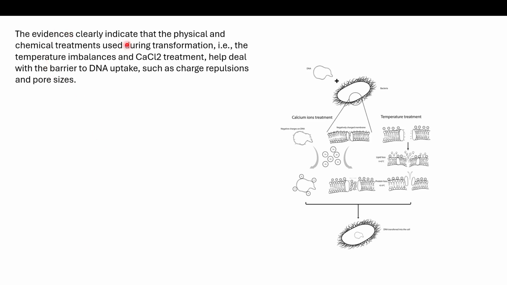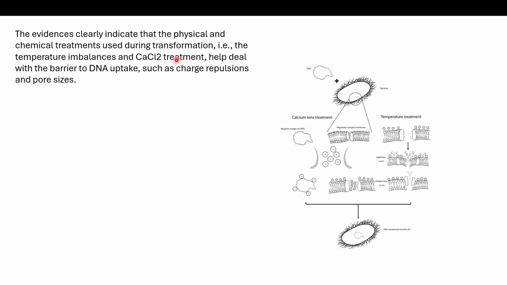So what happens is physical and chemical treatments. Physical, like the heat shock. If we are talking about the regular routine protocol, and the chemical treatments used during transformation, the temperature imbalances here are the heat shock. We give heat shock at 42, then put it on ice, which is around 0 to 4 degrees Celsius.